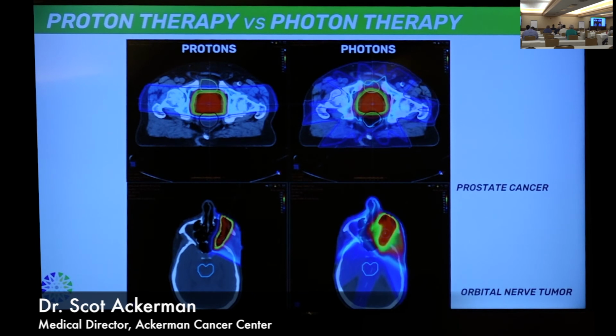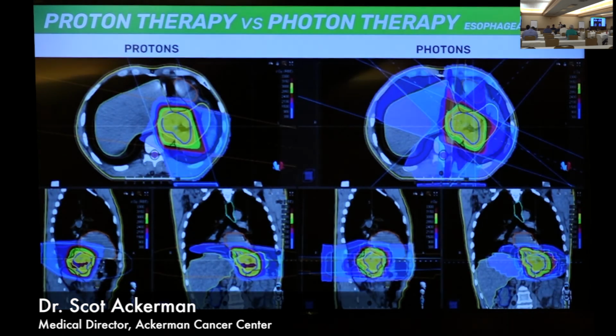On your left is the proton plan, and you can see that we send 2 beams in, one from the right and the left, and a low dose is delivered to the hip still, but that's a lower dose than we get with the photons, and virtually no radiation to the bladder and the rectum, which are anterior and posterior to the prostate. In the brain, the lower picture is the orbital nerve tumor.